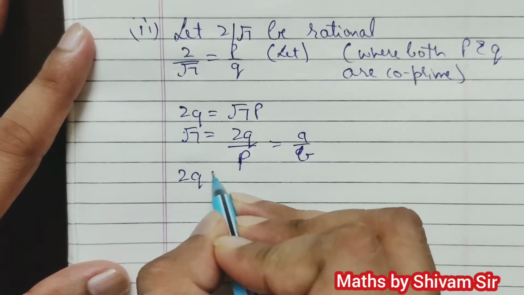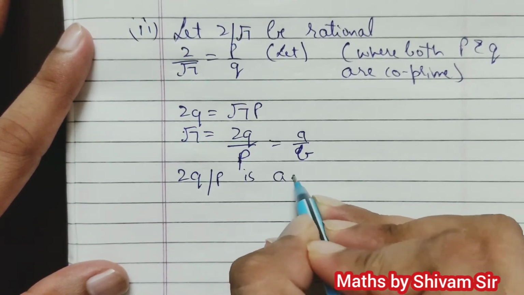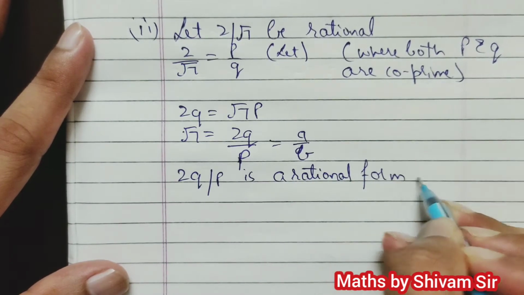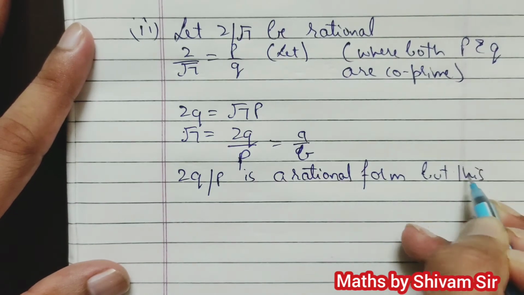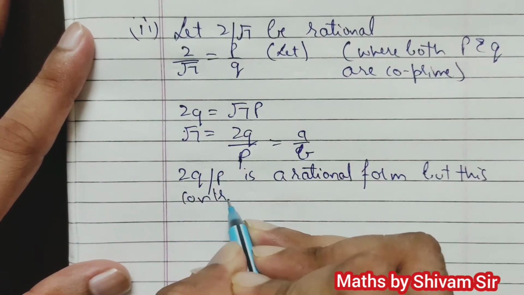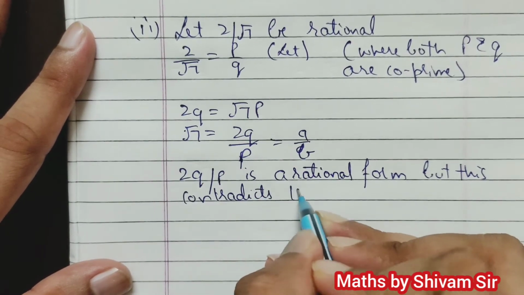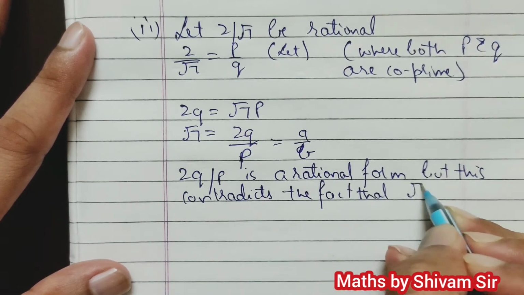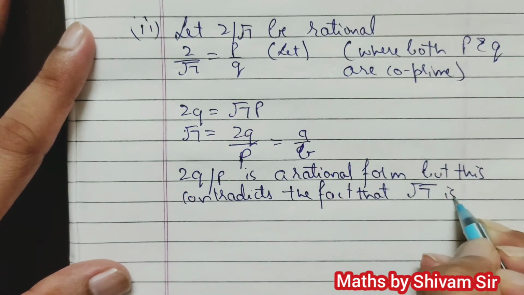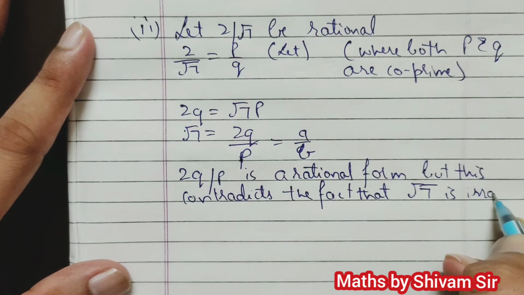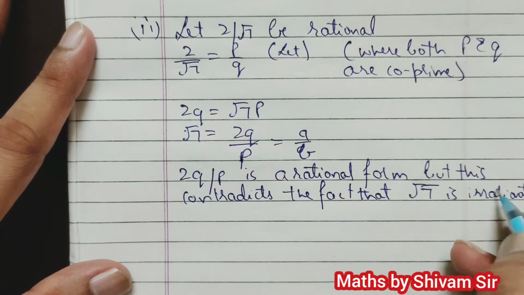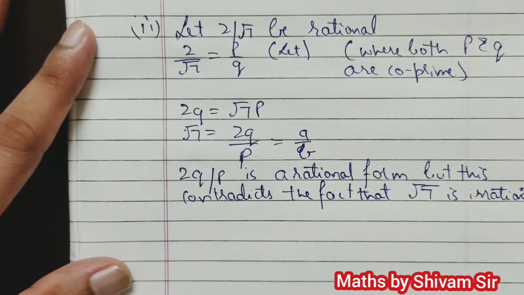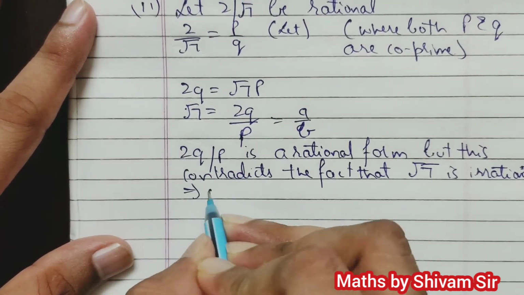So 2q upon p is a rational form, but this contradicts the fact that root 7 is irrational, because we know that root 7 is irrational and 2q upon p is rational. So an irrational number can never be equal to a rational number. This implies our assumption is wrong.